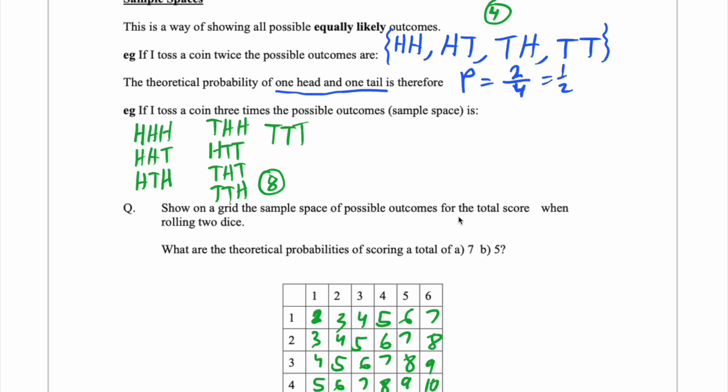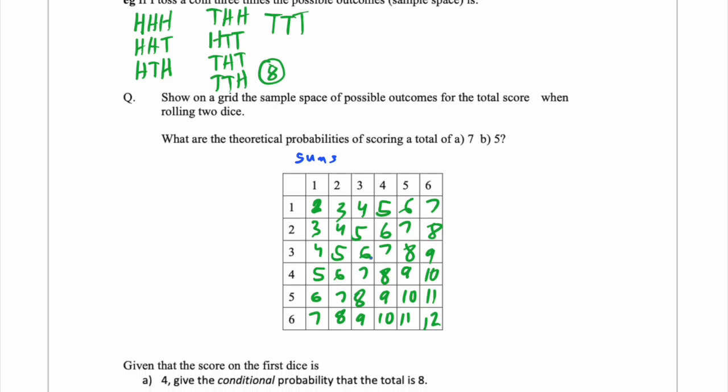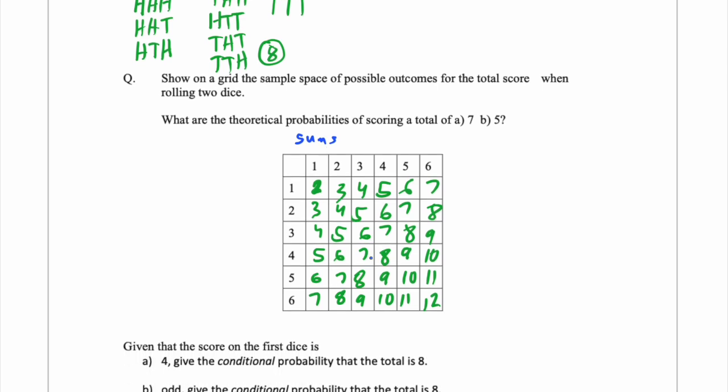Anyway, next is 2 dice rolls. It's important to know this kind of thing for dice rolls, and these are the sums of dice rolls here. If you roll 2 dice, each showing 1 to 6, there are actually 36 possible outcomes. This is very important when you're working out dice probability, even for board games. So what's the probability of getting a total, or sum, of 7?